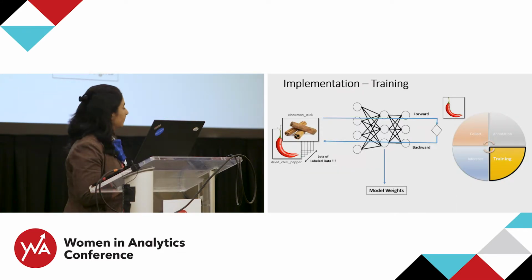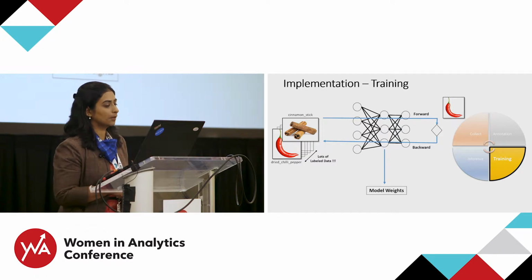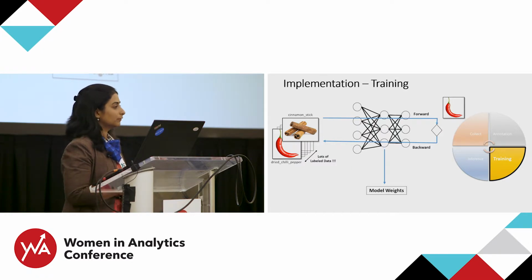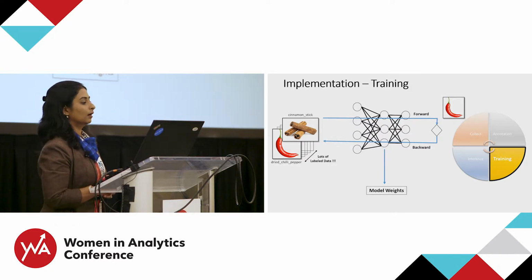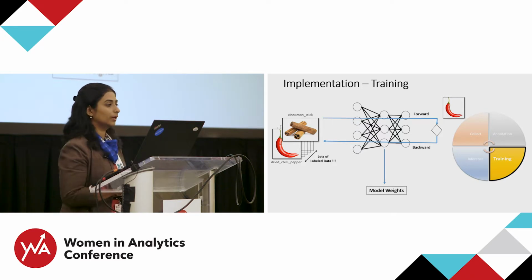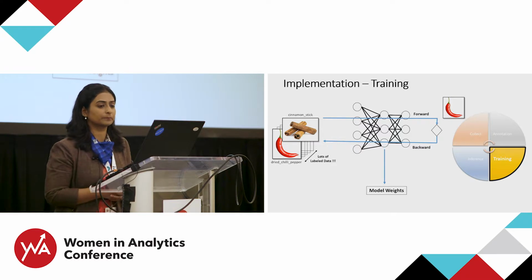The next step in solution implementation is training. Training is where you build the analytical model for your object detection. As you can see here in the figure, the images along with their labeled data are fed into this deep neural network, which generates the model weights as the output. A deep neural network consists of several layers, and most of these have a very heavy architecture.